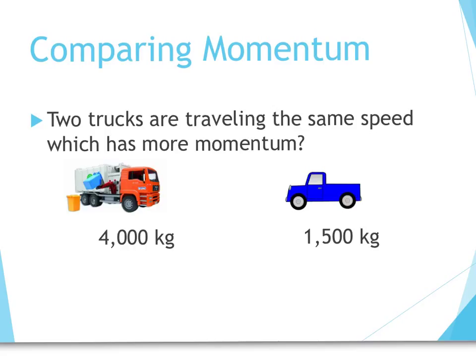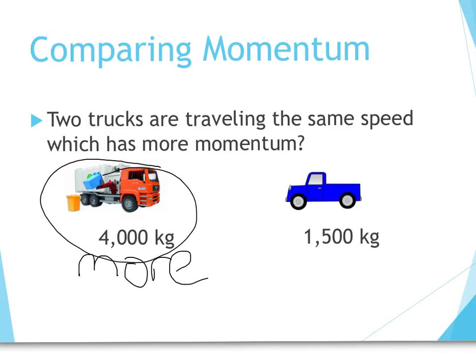They're going the same speed, which has more momentum? Well, the obvious answer is the trash truck. The trash truck is going to have more momentum because it has more mass, as long as they're going the same speed. And this means if you get into a collision, the trash truck definitely transfers more force than the pickup truck.